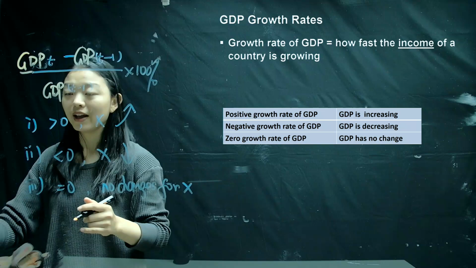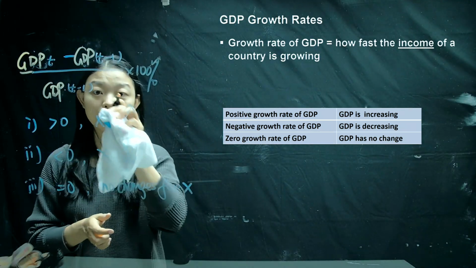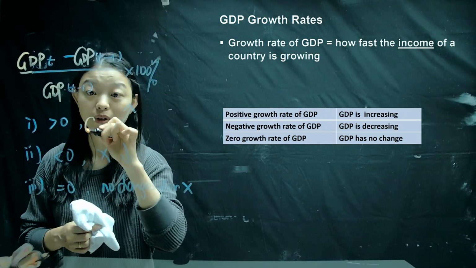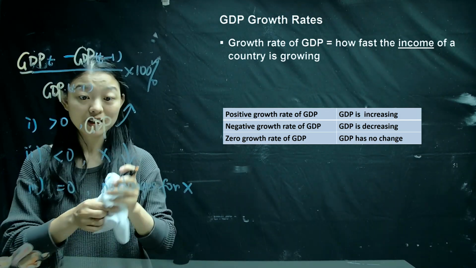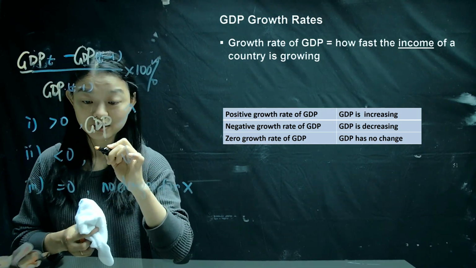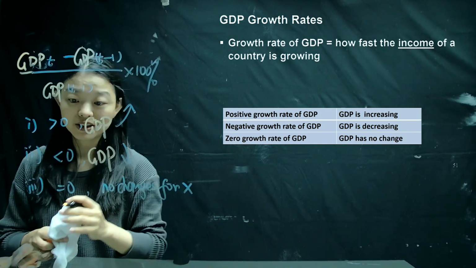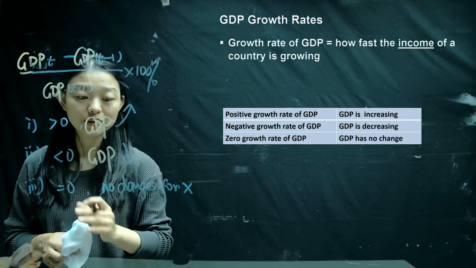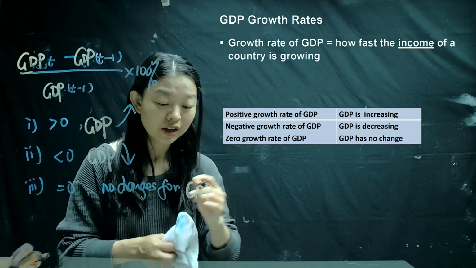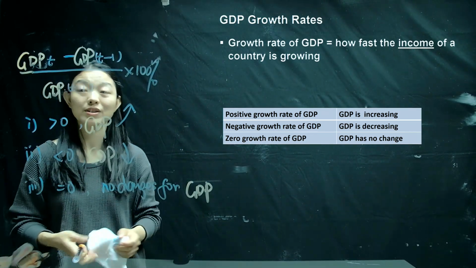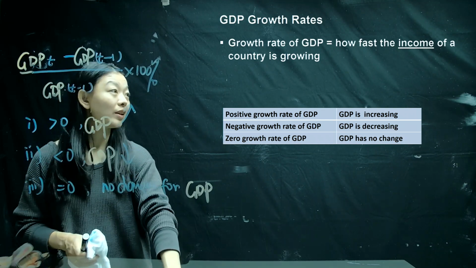Very similar: if this growth rate is positive, we say GDP is growing. If it is negative, GDP is declining. If it equals zero, there is no change for GDP. This is how we compute the growth rate for GDP.